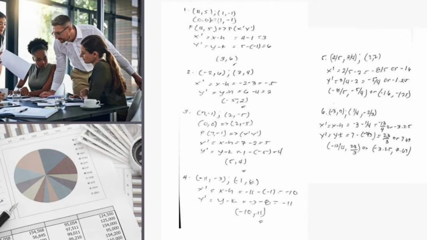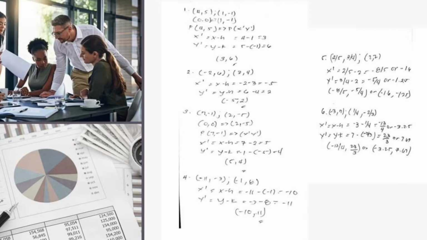If we substitute the given to the formula, para makuha yung x prime, it is equal to 4 minus 1 is equal to 3. And for y prime, if we substitute, it is equal to 5 minus quantity of negative 1 is equal to 6. So therefore, we have (3, 6).